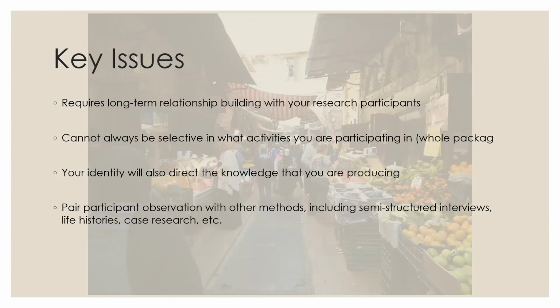Your identity is going to really direct the knowledge that you're producing. We'll talk a little bit about that later. So you really need to be reflective during the process. And as I said before, it's best when it's paired with other methods: semi-structured interviews, life histories, case research, etc. And I say this because, again, it's very easy to sometimes slip into work that you feel is just yours, that you are the one experiencing and collecting this data, and you are this researcher who is really integrated into your research community.